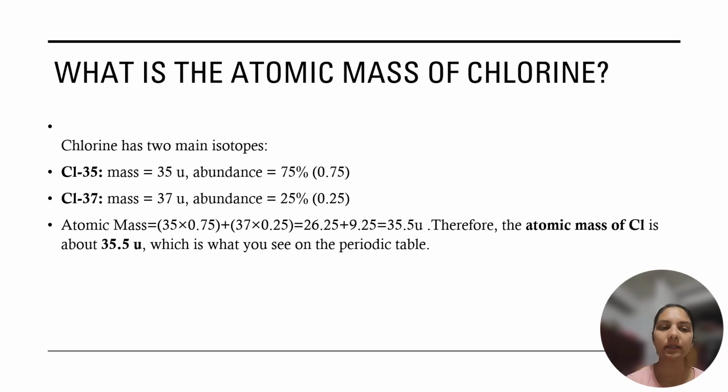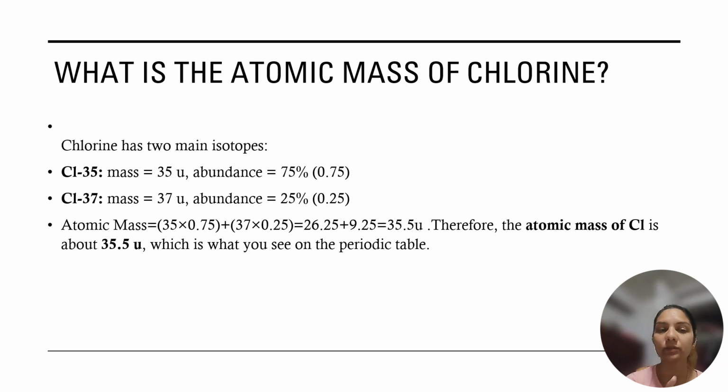तो उसी तरह से, what you have to do is, if they have mentioned the sigma sign, it is a plus sign. If they have mentioned the pi sign, you have to multiply that. Clear? तो 35 into कितनी abundance है, उसकी abundance के साथ multiply कर दो, 37 into 0.25, तो you get some numbers that are 26.25 and 9.25, and the average becomes 35.5 U, okay, or AMU.